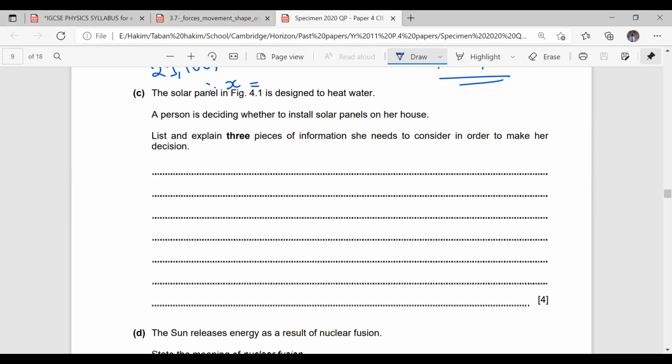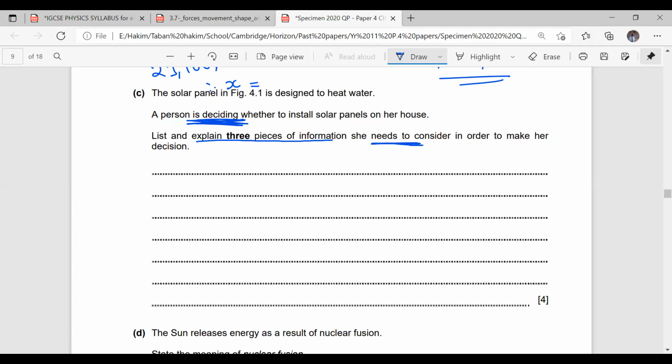Okay. Now, the question is saying the person is deciding, so she has not yet decided, and I have to convince her. So she just wants to find out. In other words, explain 3 pieces of information she needs to consider in order to make her decision.